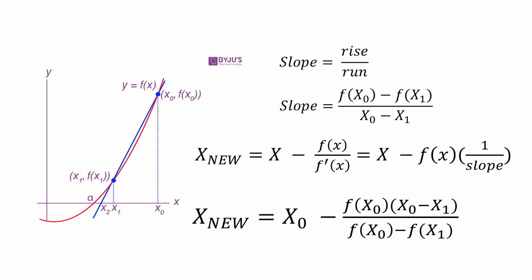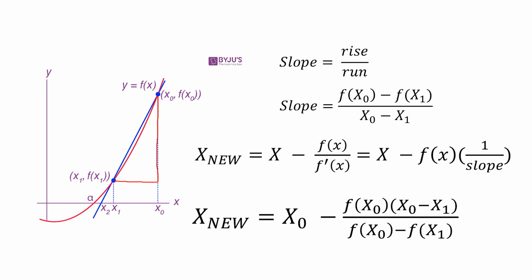Now to derive the equation to solve for x new, by formula, we know that slope is rise over run. So in this case, we need to form a triangle to solve our slope.